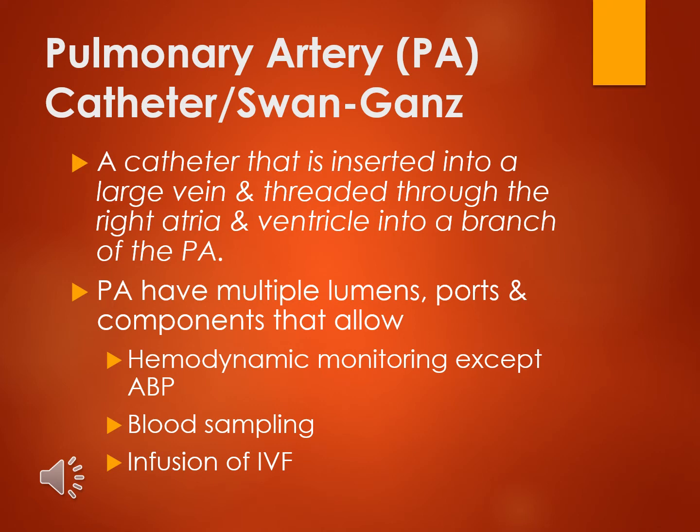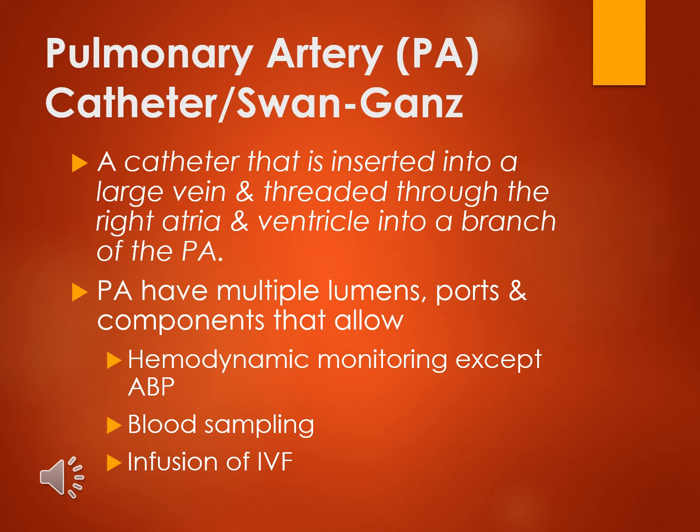Pulmonary artery catheters, or Swan-Ganz, are another type of catheter that is inserted in order to monitor hemodynamics of a patient. The catheter is inserted into a large vein. It's threaded through the right atrium and the ventricle into a branch of the pulmonary artery.